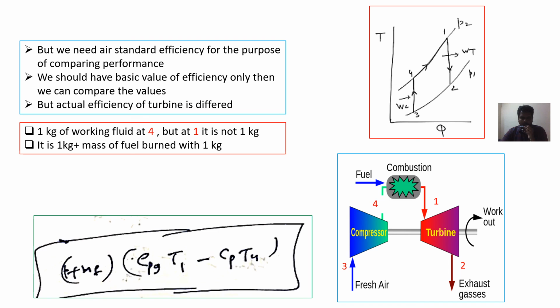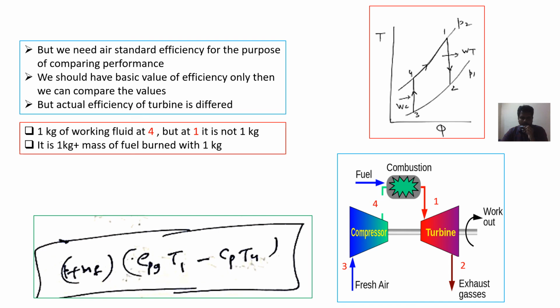Here we are sending pure air only into the combustion chamber, so we can write Cp T4. Coming to 1 plus mf. Here I have written 1 plus mf because, say for example, 1 kg of air enters the combustion chamber.